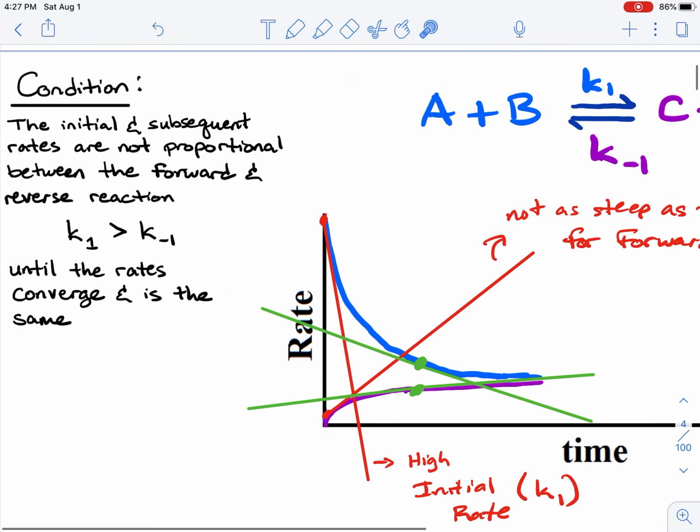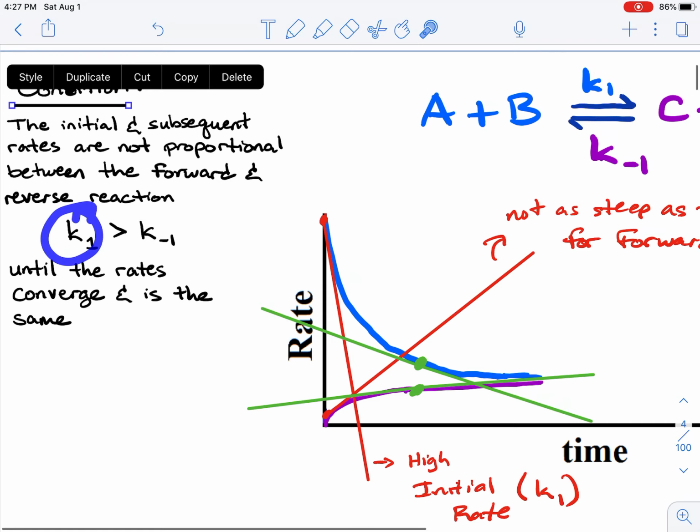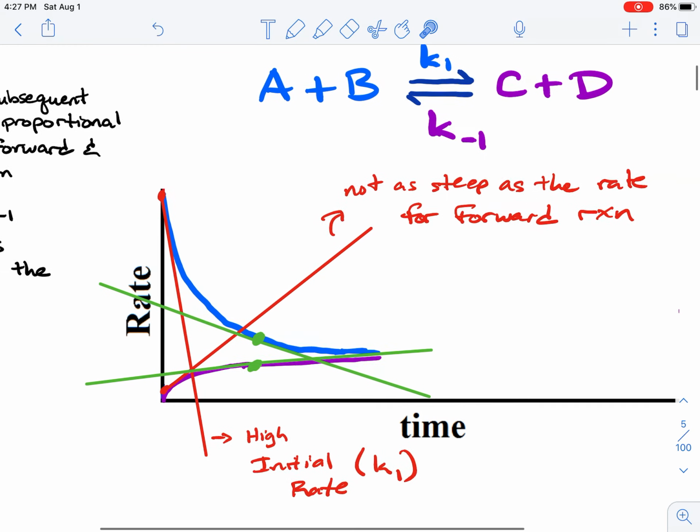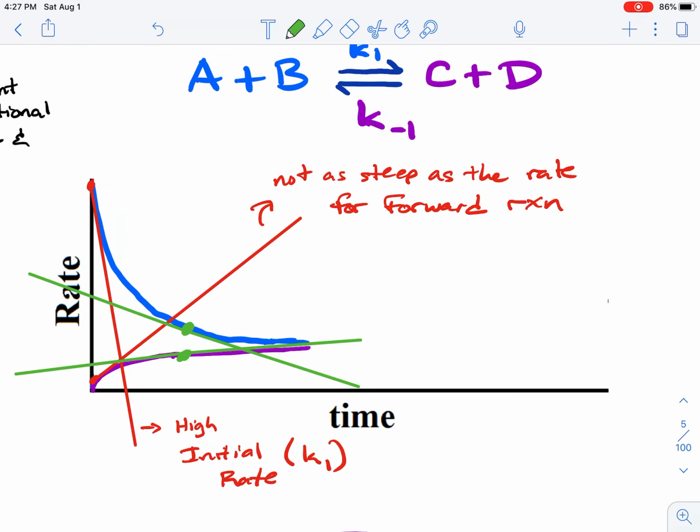In other words, the forward reaction is much greater than the reverse before equilibrium has been reached. And as time progresses, at some point the slopes will converge, the instantaneous rates will converge, and in this scenario, the point of equilibrium will be in this region.